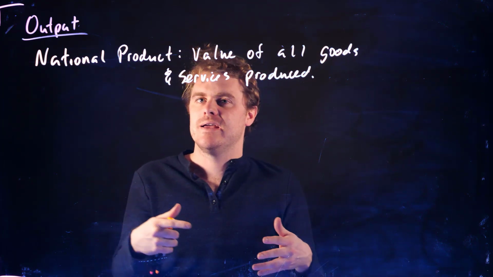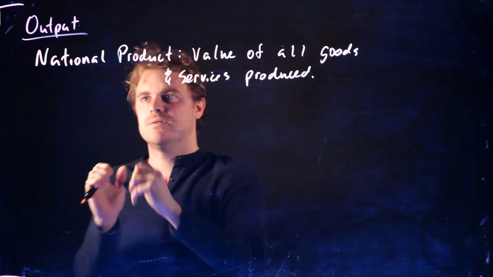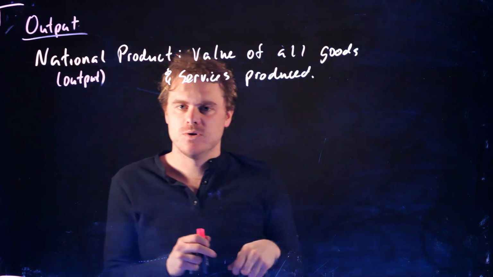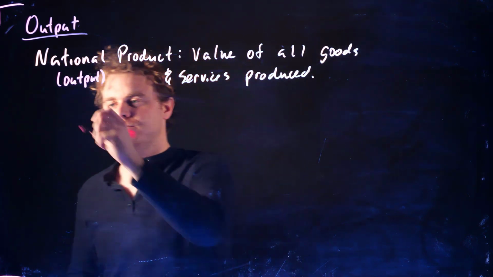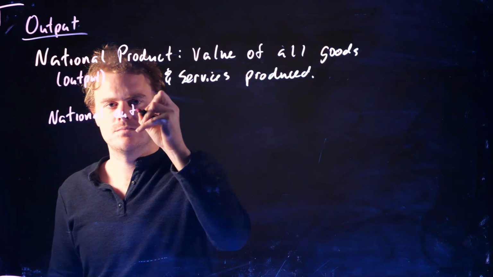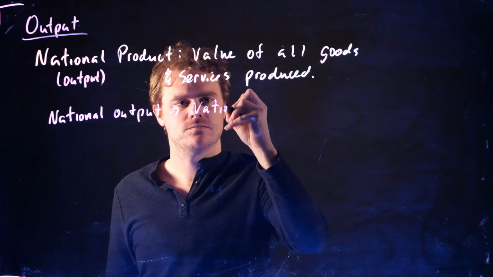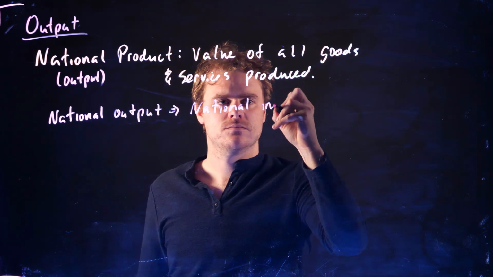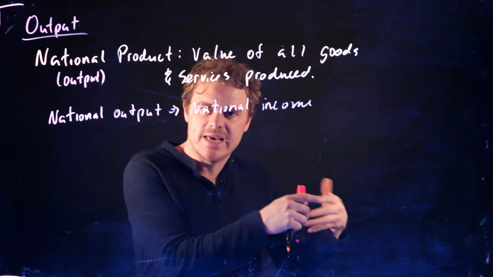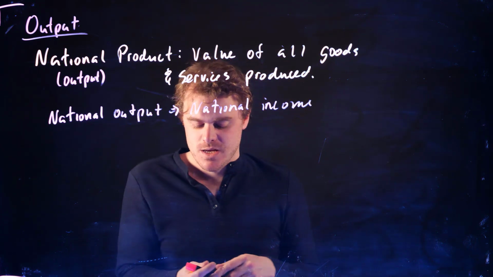And so in that way, this national product, or what we might just call output, is going to be equal to national income, just because the production of these goods and services is going to produce income for someone in that production process.